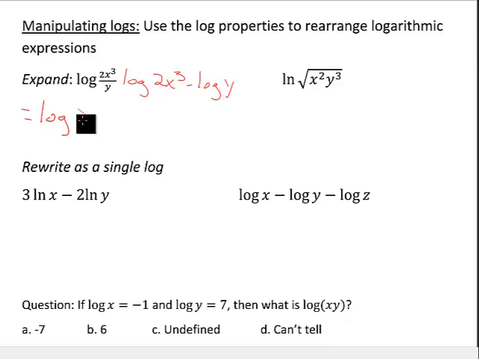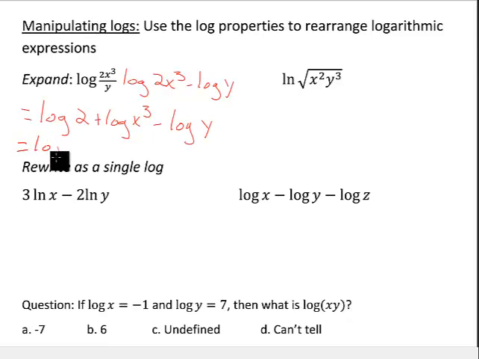Log of 2 plus the log of x to the third minus the log of y. And there's one more step right here, because we have an exponent. We can use that last property to pull that exponent down front.